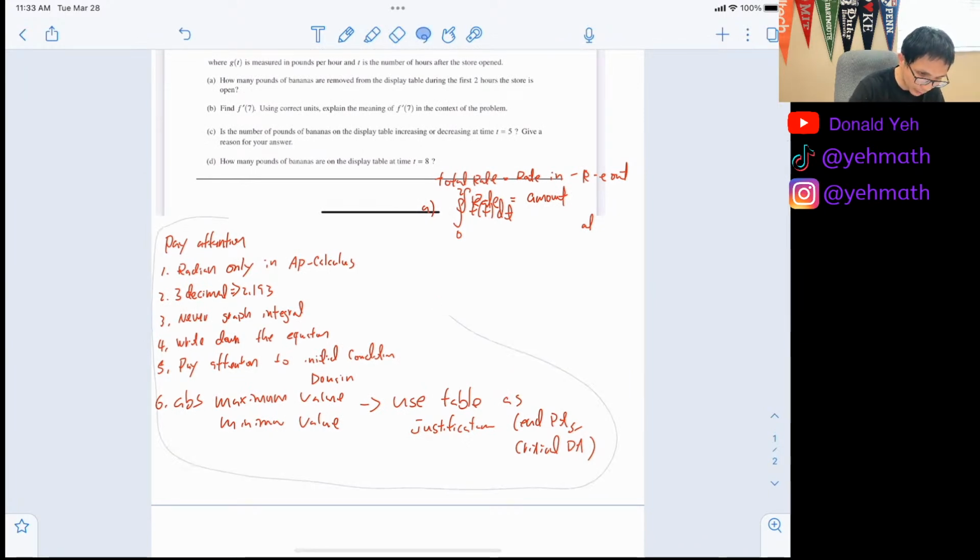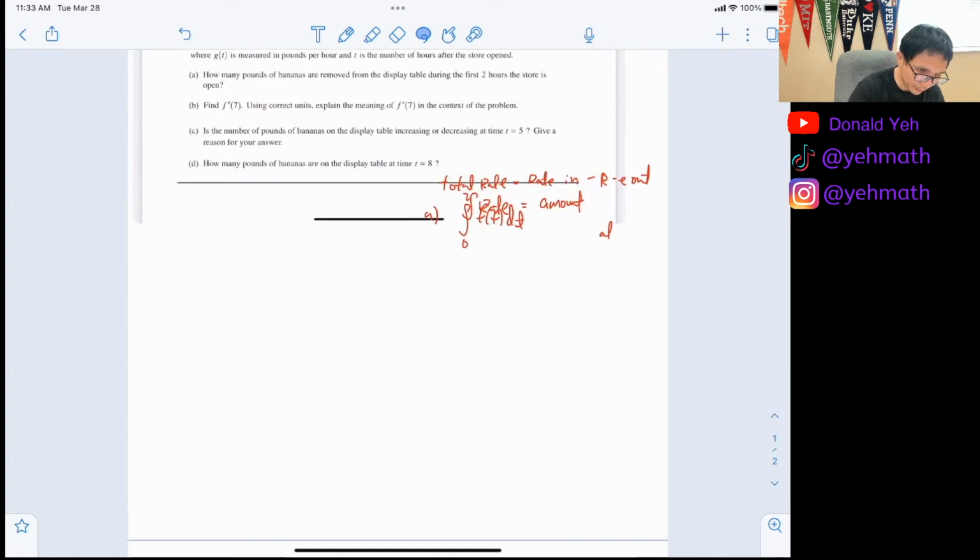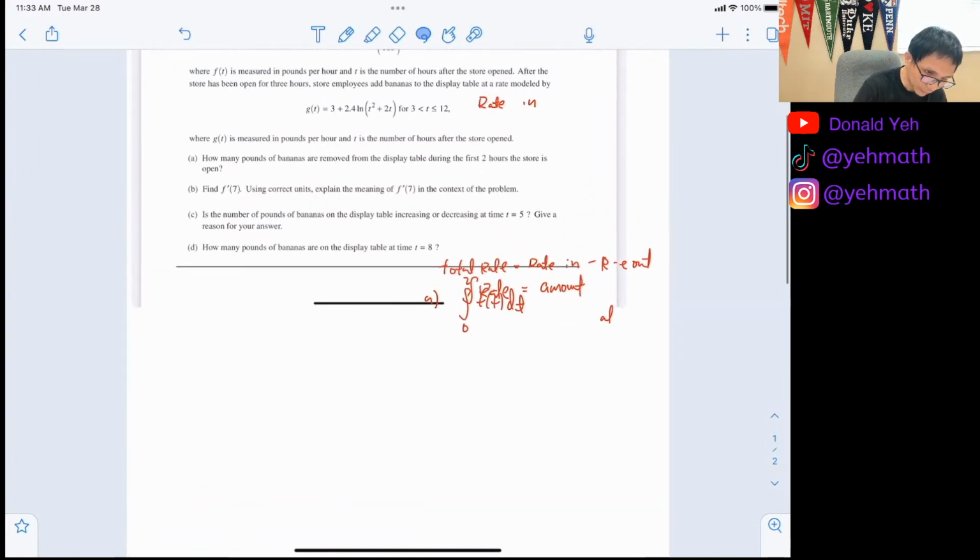It's okay if I erase this, right? Okay, I'm going to erase. So what you're going to do is integration f(t) dt between 0 to 2 for part a. And then what you're going to do is this.